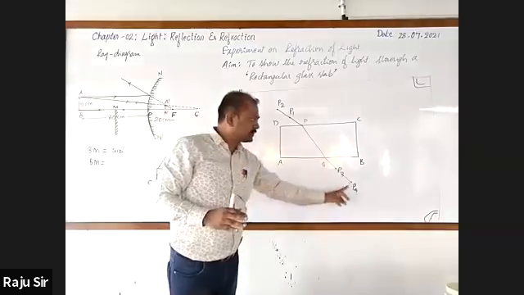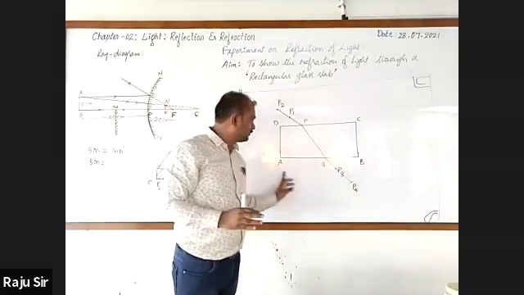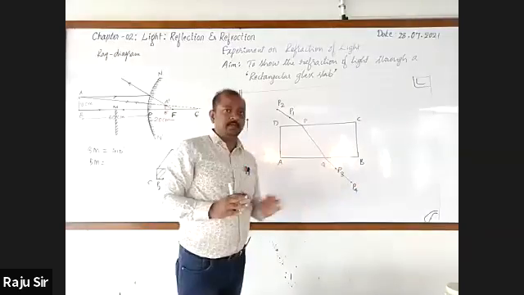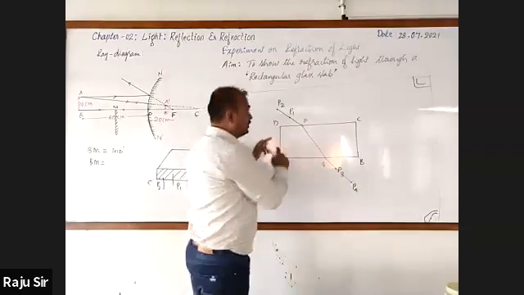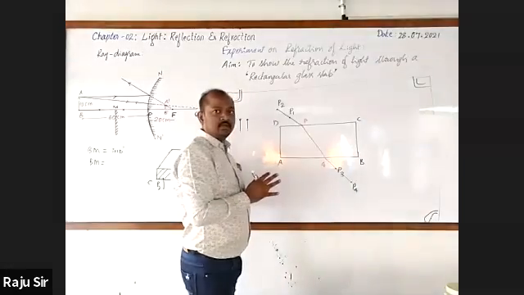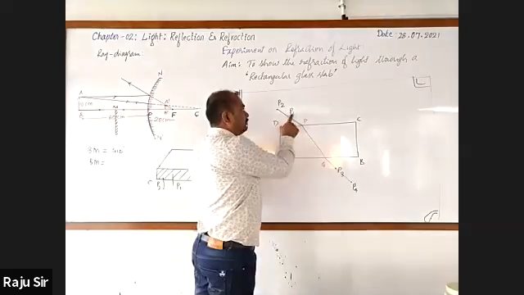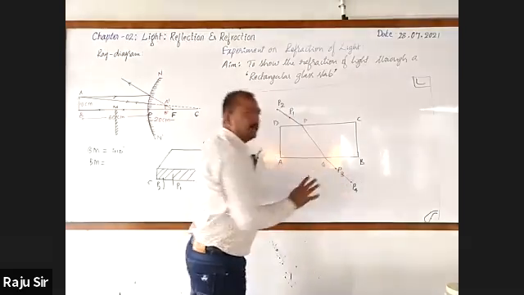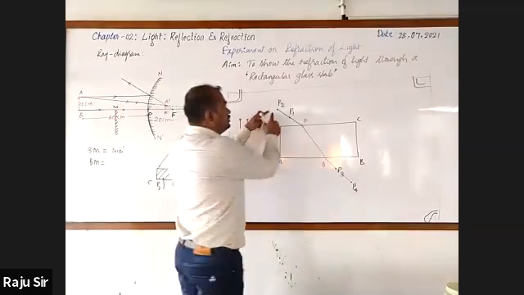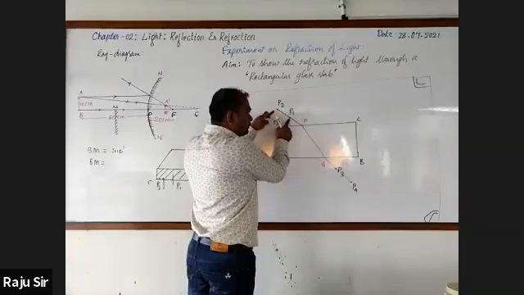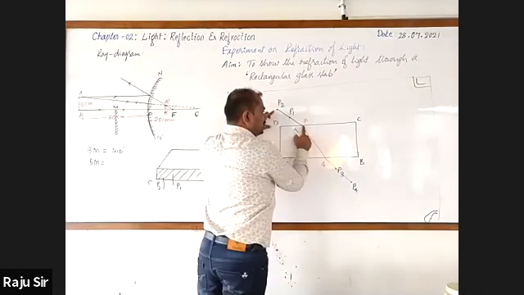Similarly, fix the fourth pin also against the face AB. Then after that, next point, remove the rectangular glass slab, also pins P1, P2, P3 and P4. Next point, join P2 and P1, extend it to DC to intersect it at P.